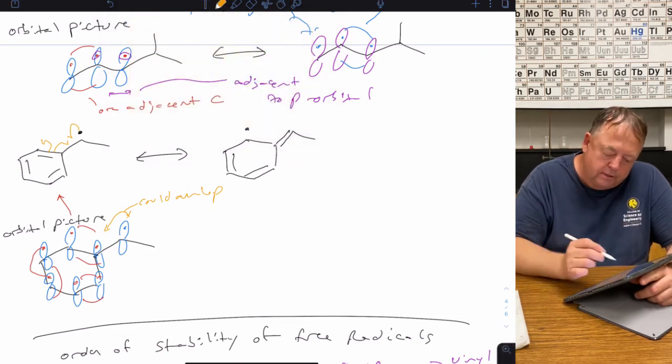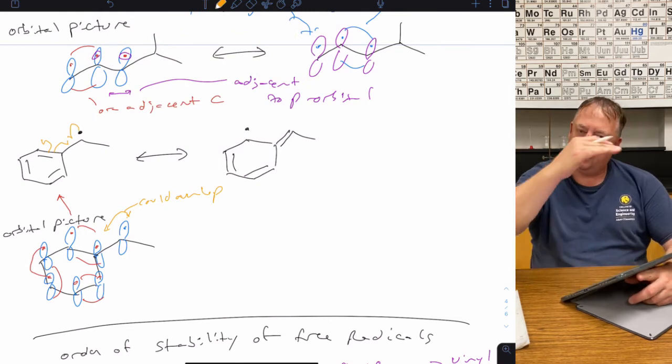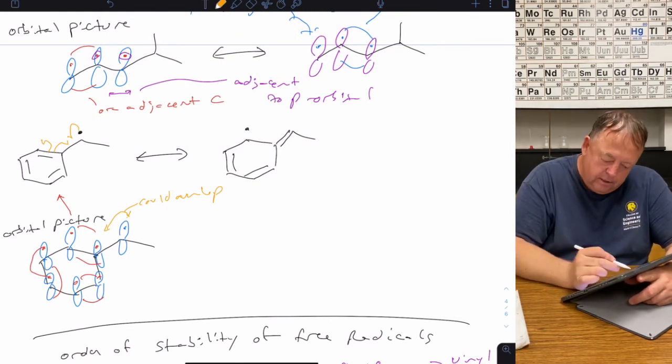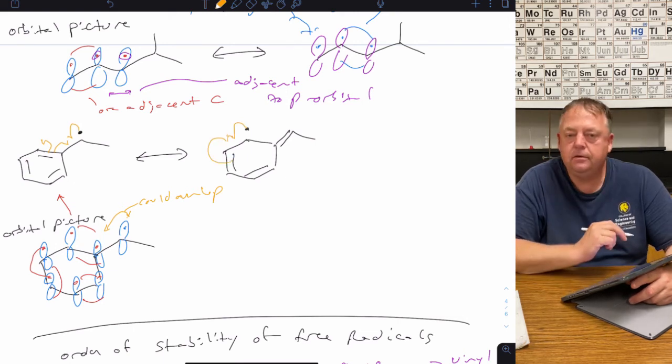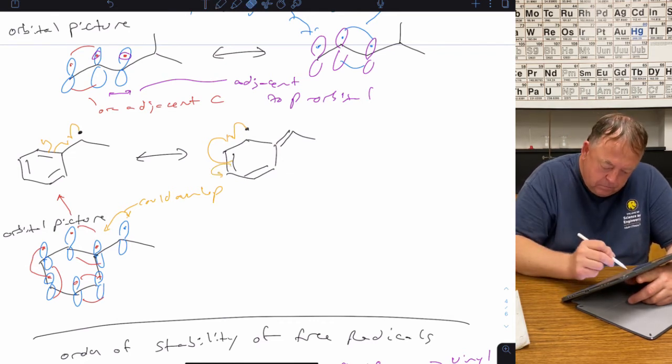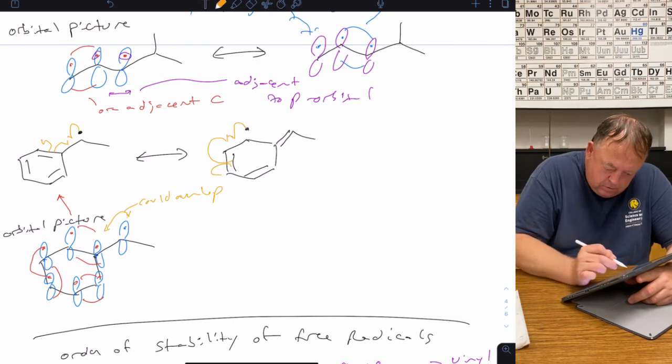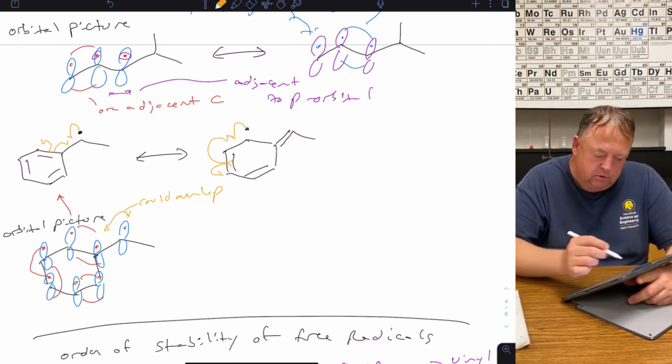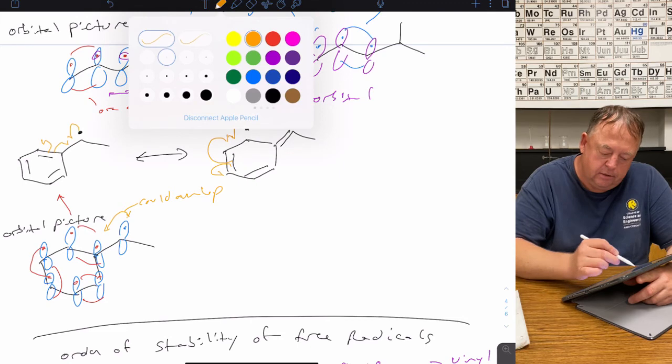So we could draw more resonance structures, so let's just keep moving that electron the same way around the ring. So move it down to make a double bond, move one of these back to make a double bond with the unpaired electron, and move the other up onto the carbon atom, so that's where the radical would reside then.